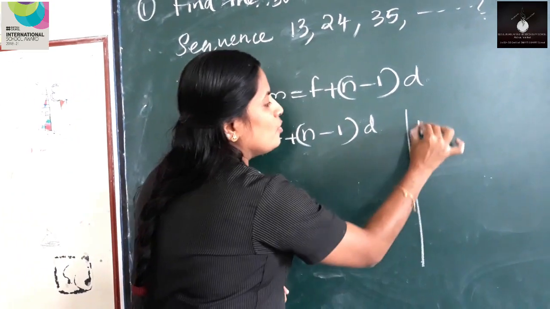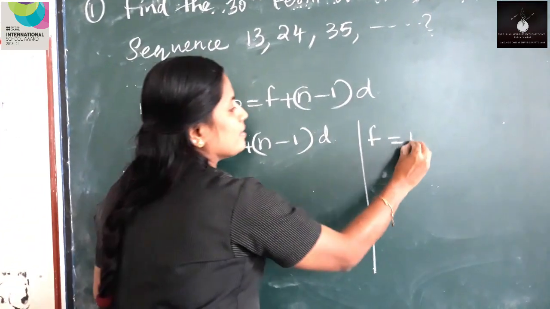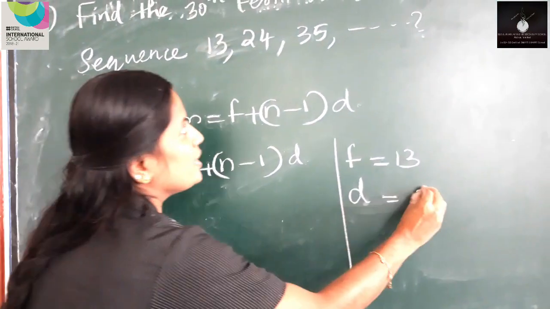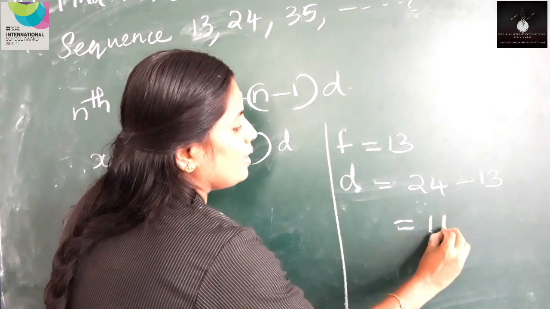So here what is f? f equal to 13. d is 24 minus 13 equal to 11.